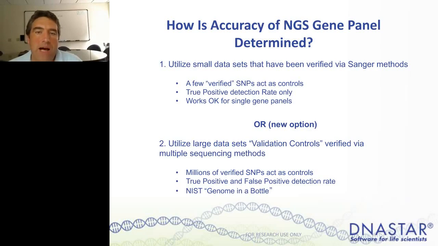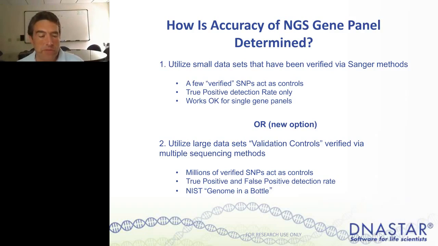So the question is, how is accuracy determined in a gene panel? I have a couple of ways that this is done. The first way is how most customers right now are doing things, at least the customers that I've worked with. Usually, folks that have been in the business a while have a number of data sets that have been sequenced, usually through Sanger, where they know that there are some verified variations in some genes of interest.